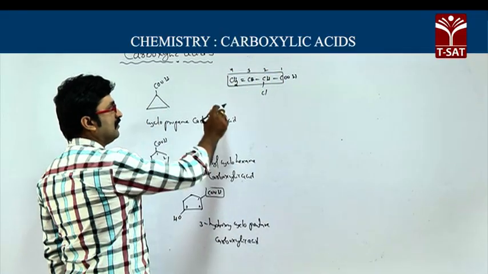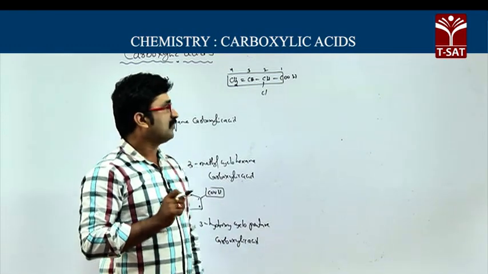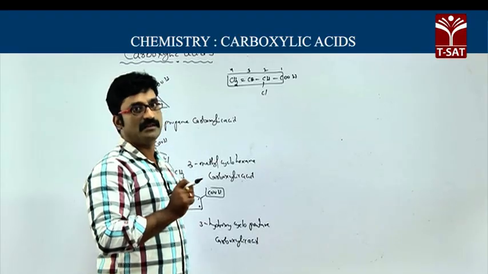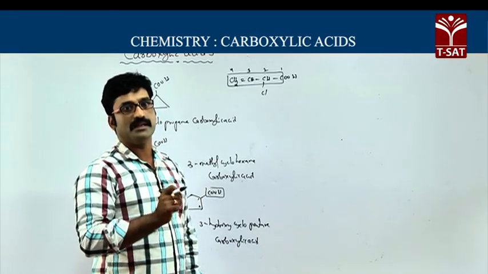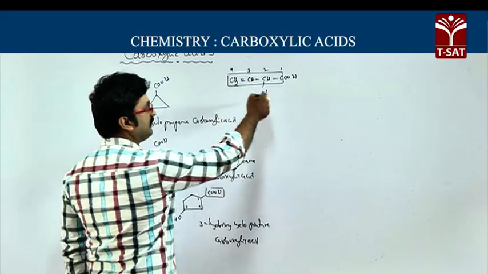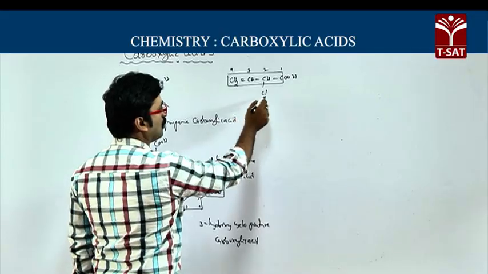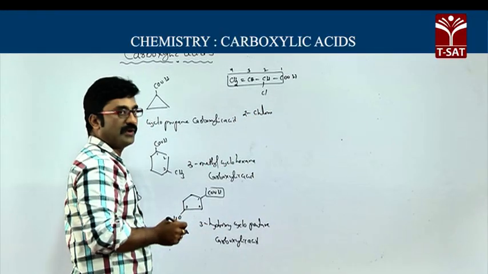Whenever you write the IUPAC name of an organic compound, first you write the prefix, then the root word, then the primary suffix and a secondary suffix. Here the prefix, the side chain, is chloro, 2-chloro.